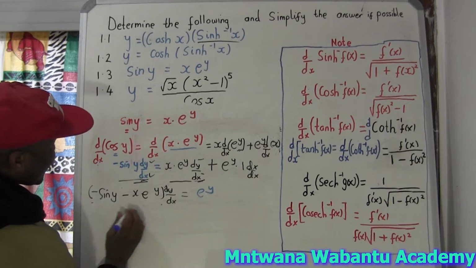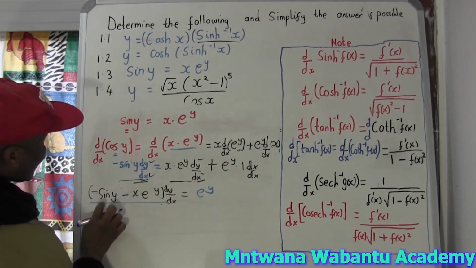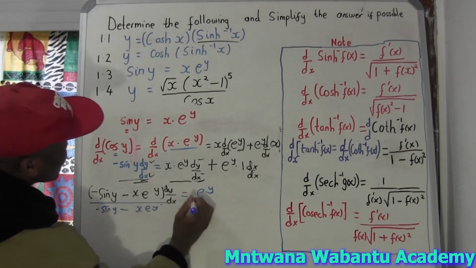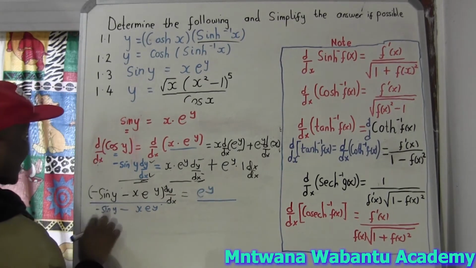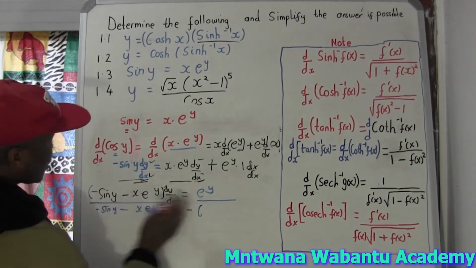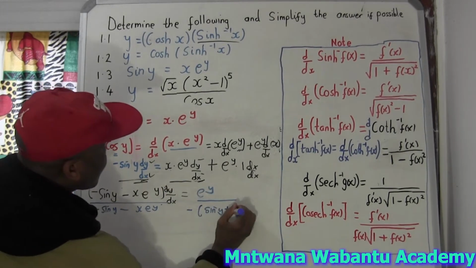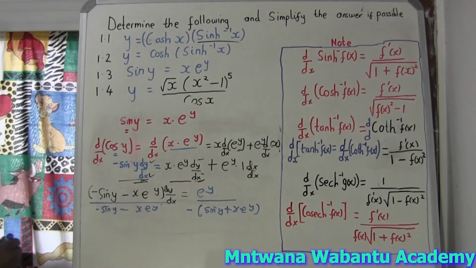Divide by this, so divide here by negative sine y minus x e^y. I can actually take the negative out, so it's going to be sine of y plus x e^y.